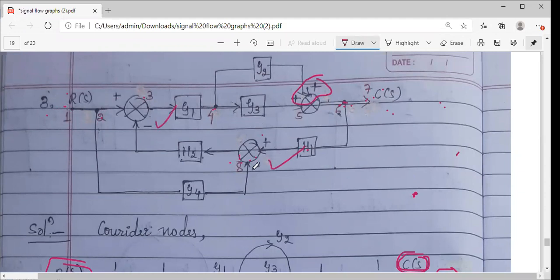So when you take negative, this should be minus H4 and this should be minus H2. After drawing the signal flow graph, go for Mason's gain formula and find the transfer function. If you find it, you can cross verify with your answer which we have already calculated in block diagram. You can do it one more time and verify.